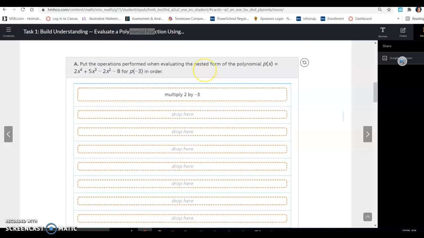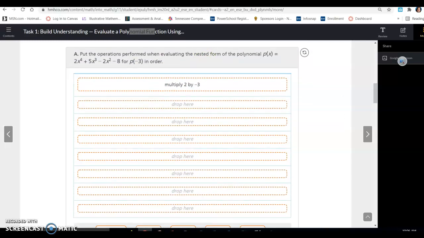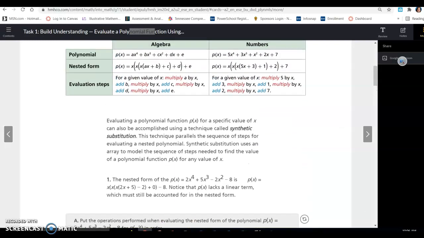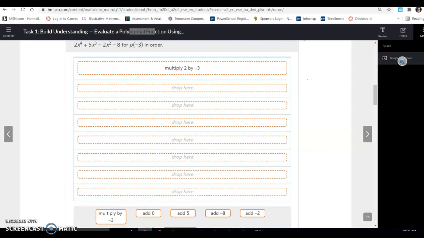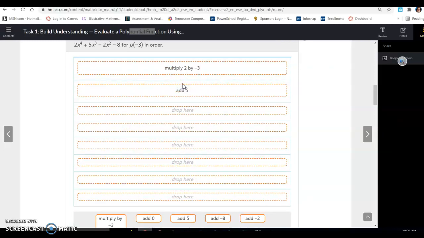There it is. All right, so I multiplied the first term by the -3. Then I need to add b. So that's from the steps above. If you go back above, see add 3, or add b. The next thing I need to do is add 5. And then I start the process over again.